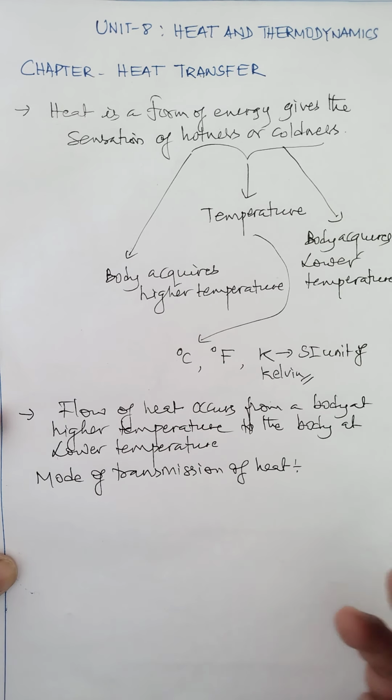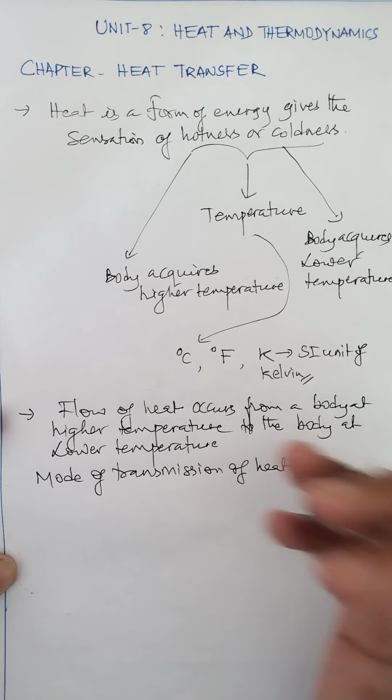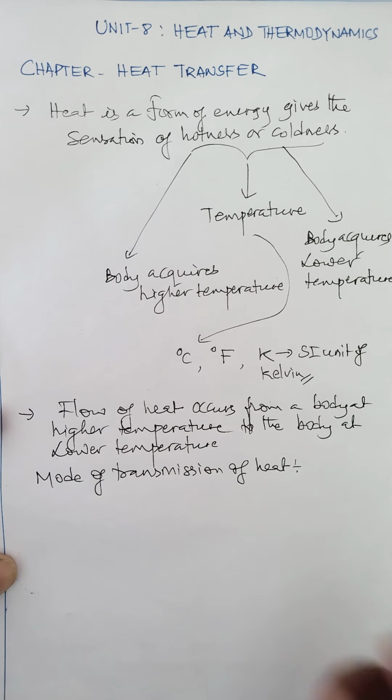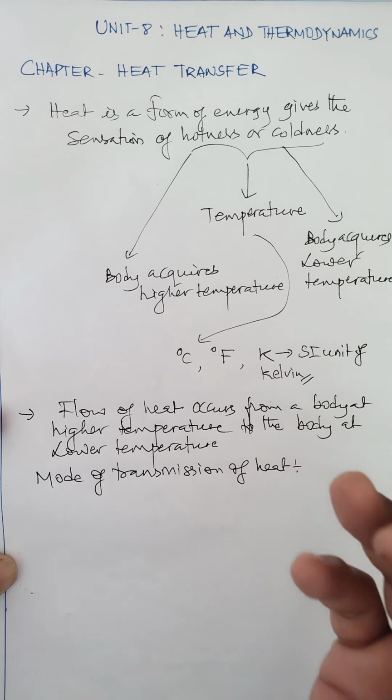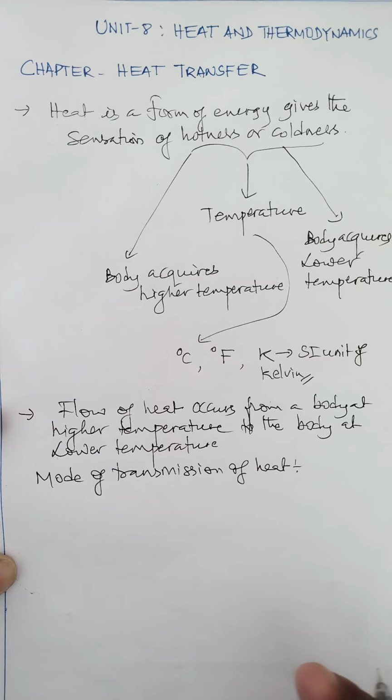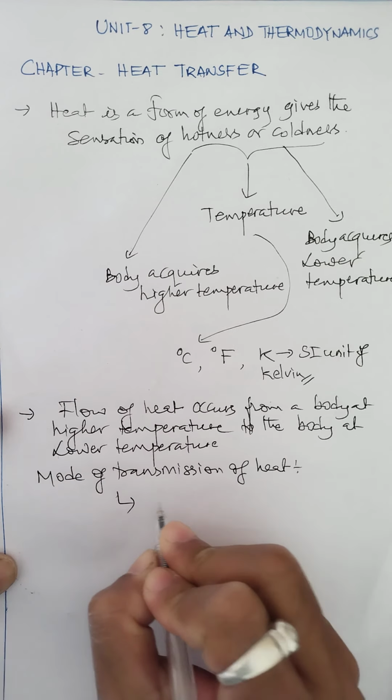The flow of heat can take place from one body to another body, or from one place to another place. This flow of heat from one body to another body or from one place to another place is called transfer of heat. So, what is transfer of heat?